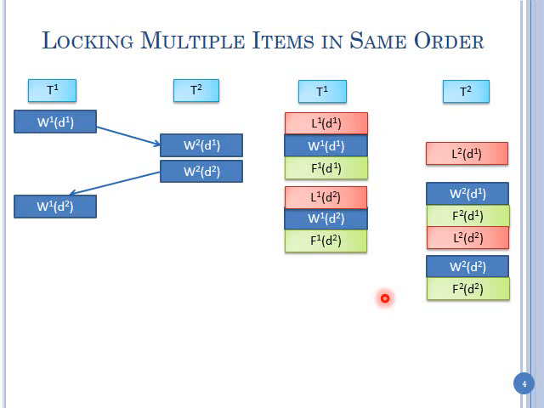So remember, this first subscript is which transaction is doing that, and this one is which item is being locked. Oh, this should be L1. I'm sorry. And this should be L1 and F1.